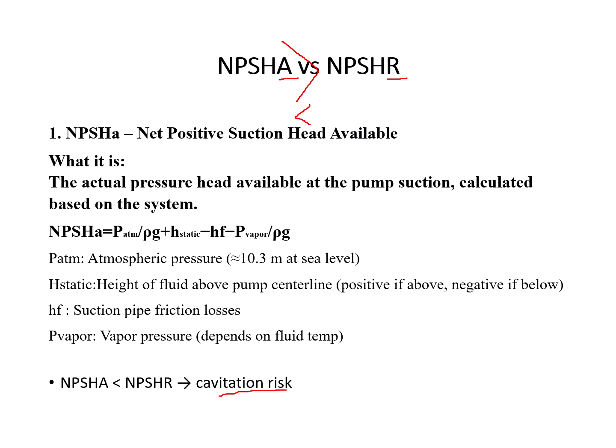And if possible, you can lower the fluid temperature so the vapor will not occur easily; lower temperature means the vapor pressure will be lower. And we need to select a low net positive suction head required from the manufacturer, from the pump selection.